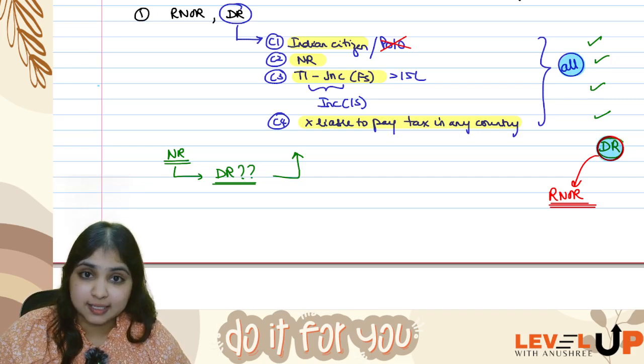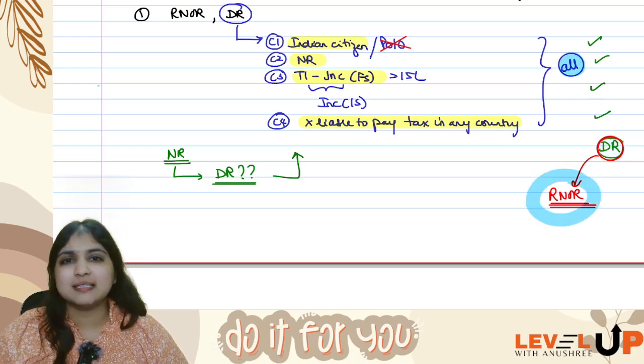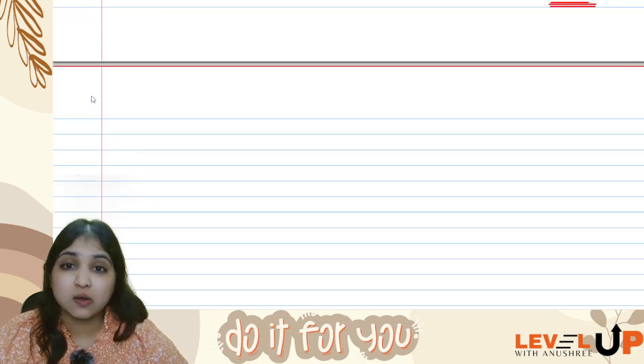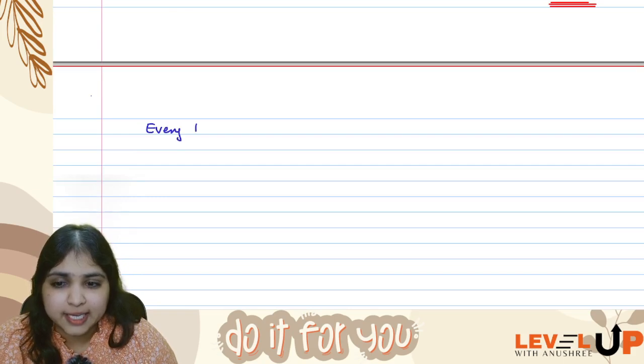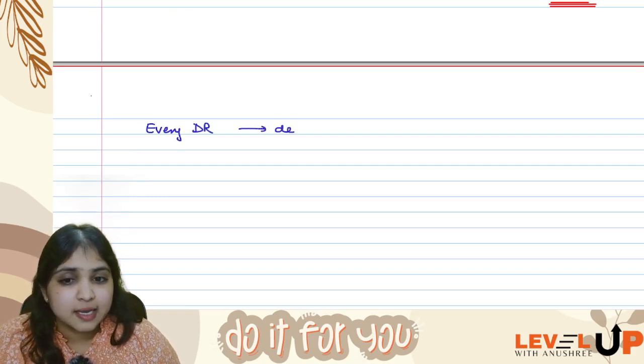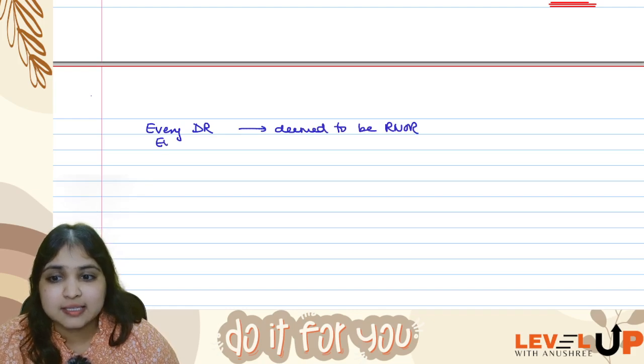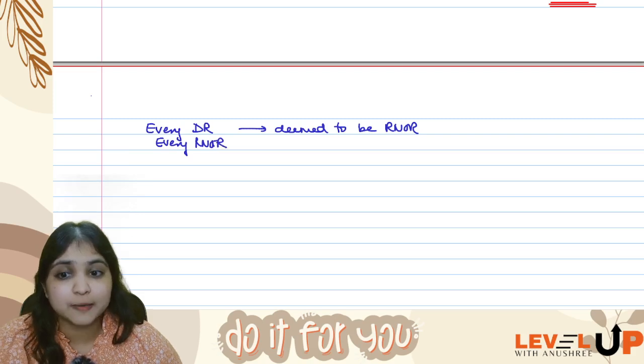And if your assessee is a deemed resident, your assessee will be considered to be RNOR. Now see, I just now told you that every deemed resident is deemed to be RNOR. But my question to you is, is every RNOR also a deemed resident?